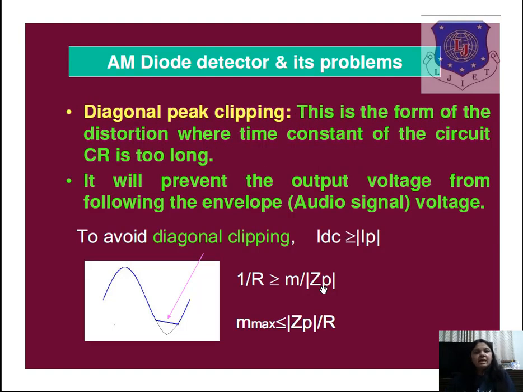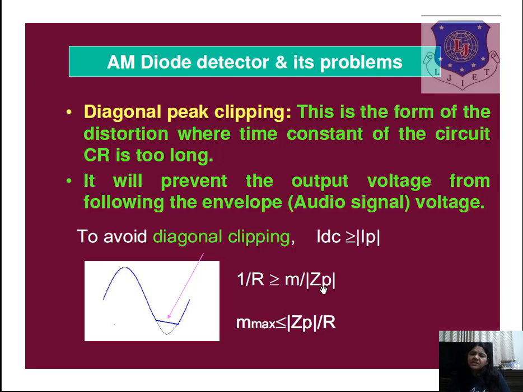AM diode detector and its problems. As we have already discussed what the AM diode detector is, which problems would be there if we go for the AM diode detector? One problem is diagonal peak clipping. This is a form of distortion where the time constant of the circuit is too long.